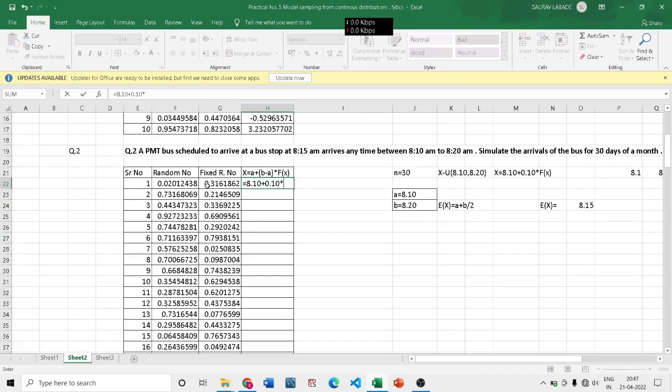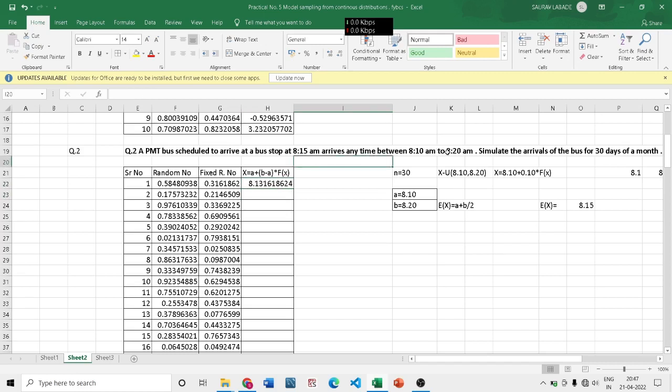F of x means this value. So here you will get this value. Now here also this value lies between small a and small b. That means it is following the uniform distribution, which follows the parameters 8.10 and 8.20.